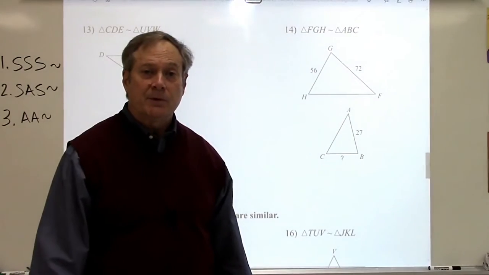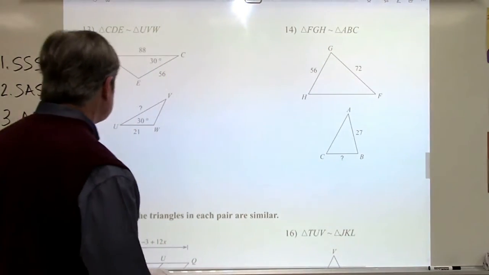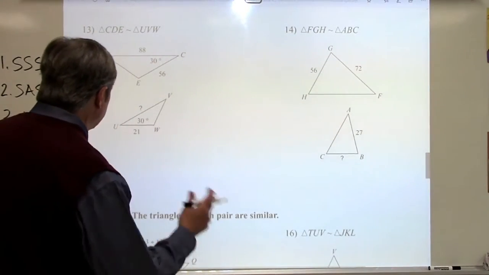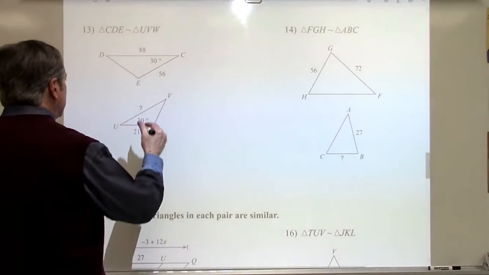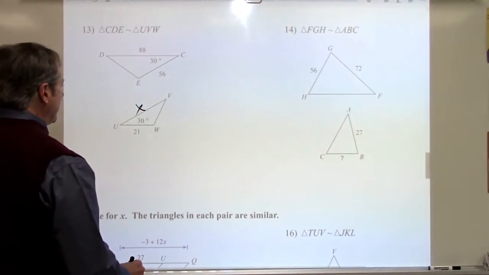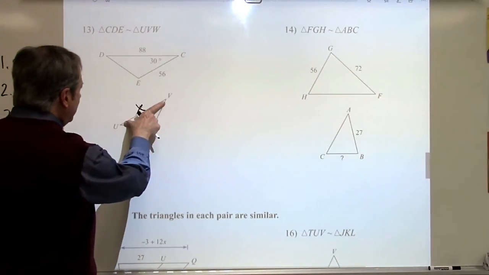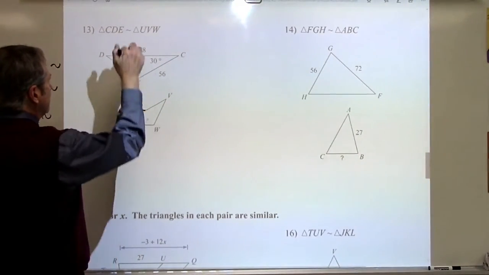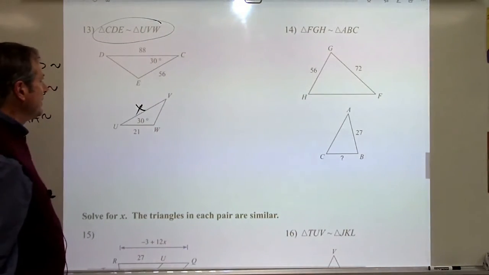All right, examples 13 and 14. Well, we've already been told that they are similar, so we don't have to try to discern. So we're looking for that. But again, I can't tell, does this length compare to the 56 or the 88? So you look up here at the similarity statement.